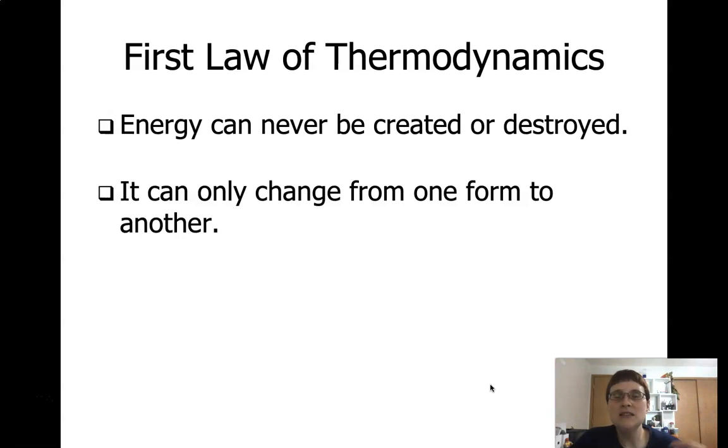So when you turn it into kinetic energy, like when you eat something, yeah, you're going to turn it into kinetic energy to make your muscles work, but a good amount of it is going to be turned into kinetic energy as heat energy, okay? So you can change it from one form to another, but you can't make any new energy. You can just move it from one type to another.